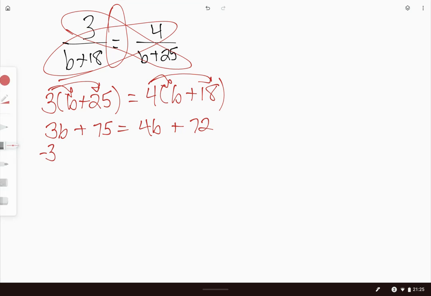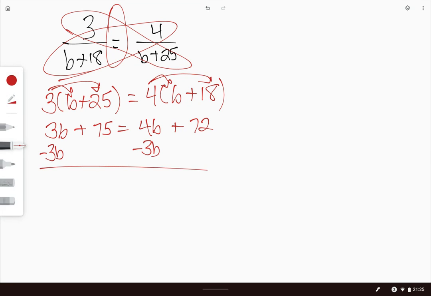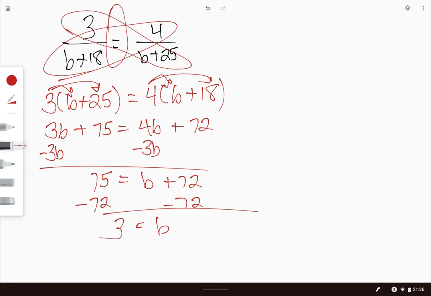So I'm going to move the smaller to the larger to avoid that negative variable. That leaves me with 75 equals 4b minus 3b, which is b, plus 72. And then subtract 72 from both sides, and b equals 3.